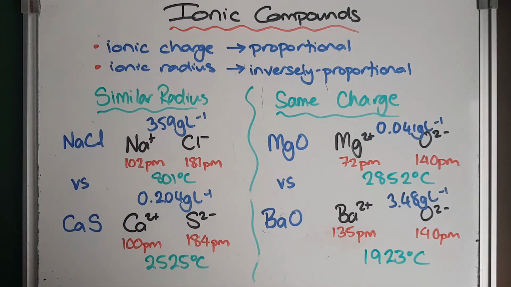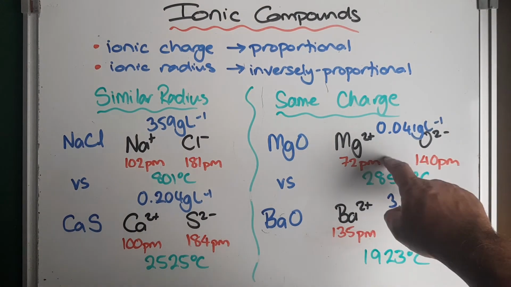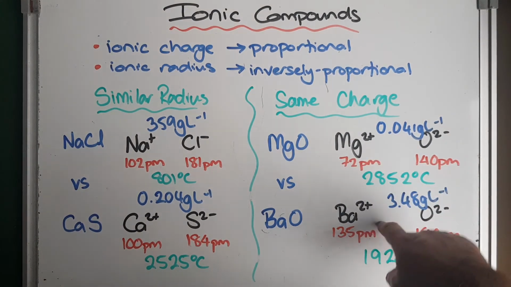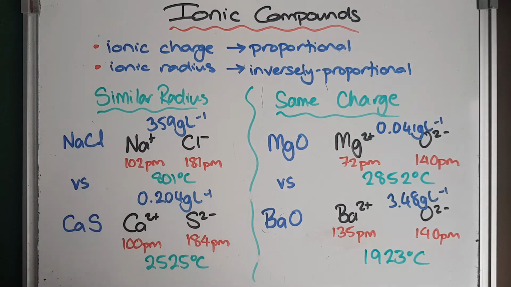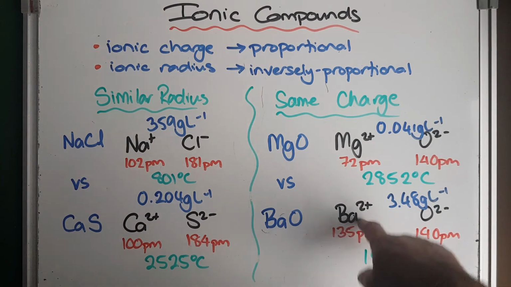They're both in group 2, so they're pretty similar elements, but the radii of their ions are very different. Barium's is nearly twice the radius of magnesium's. It has a larger nuclear charge, but that's not important now. It's the charge of the ion, 2+.